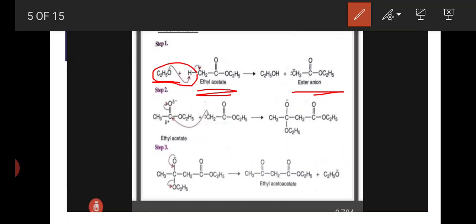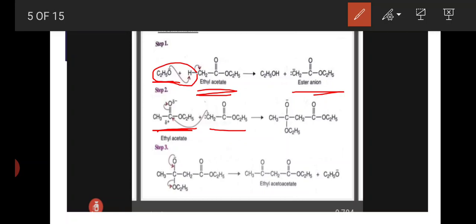Okay, in the second step, of the 2 moles of ethyl acetate, 1 mole participates in step 1 and forms the ester anion. In step 2, another mole of ethyl acetate also participates. Here the ester anion reacts with another mole of ethyl acetate.